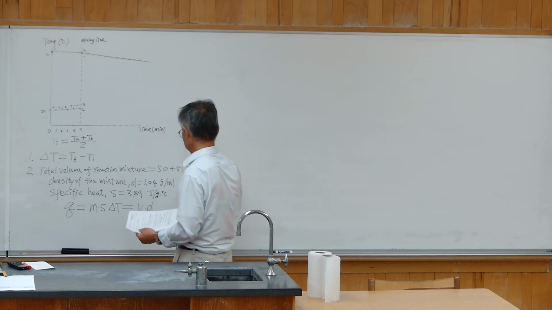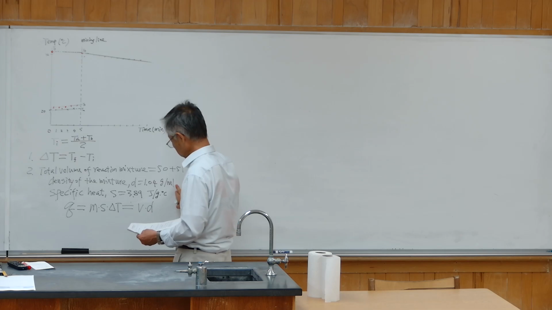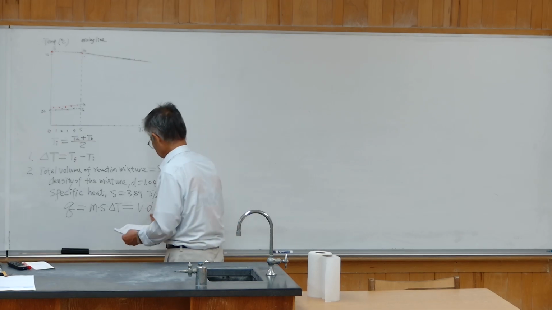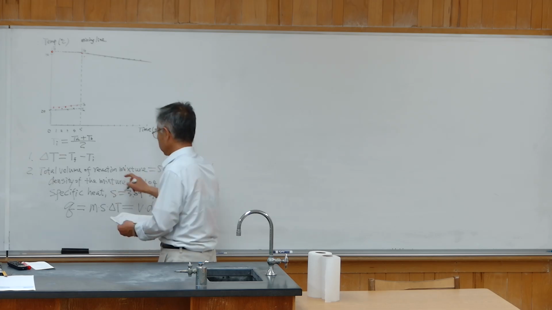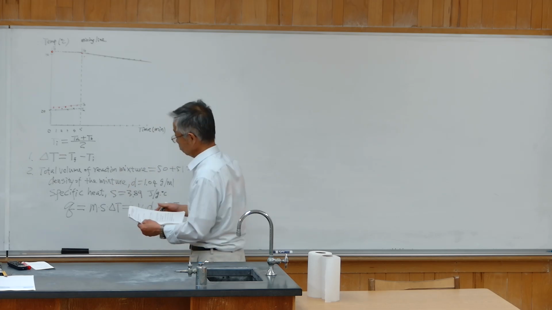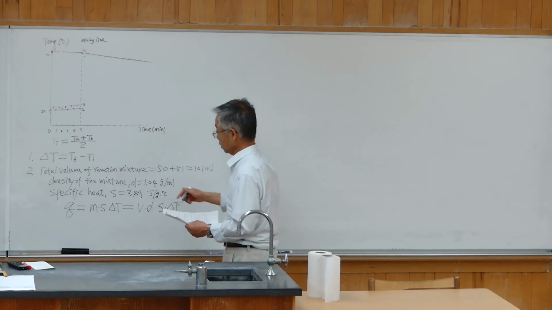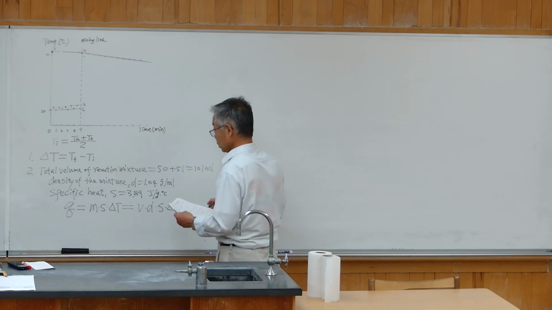Volume 101 milliliter, density is 1.04 gram per milliliter. So volume, density, you get mass, then times specific heat, then times delta T. Delta T is temperature change, we calculated in 1. Okay. So final temperature minus initial temperature. This is the heat.